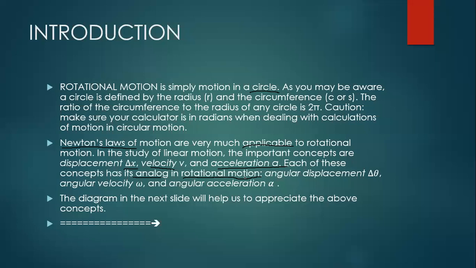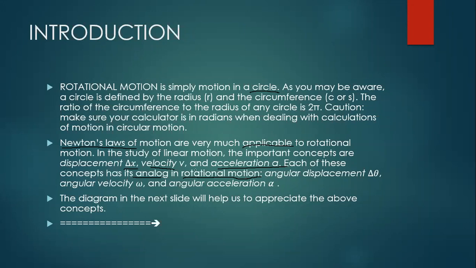Anyway, like I'm saying, we are talking about rotational motion to our friends who have just joined us, and we just want to see how we can help each other understand this concept. I'm relating rotational motion to linear motion, which you are familiar with.